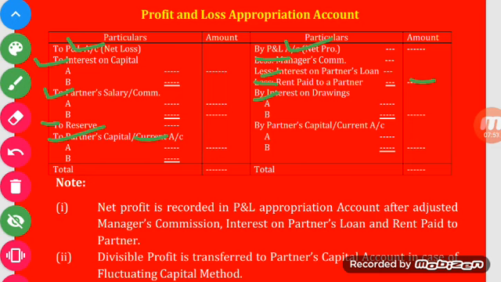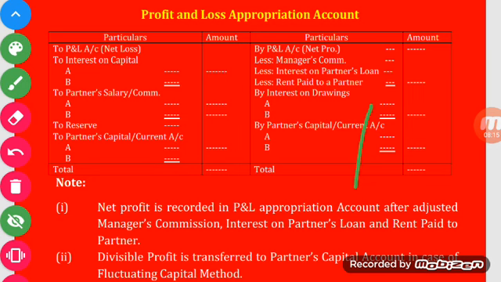Is it clear? Or if the debit side is greater than the credit side, the difference, which will be divisible loss, will be transferred to the partner's capital account or current account as per the method required for maintaining partners' capital accounts. I hope you have understood this concept practically.